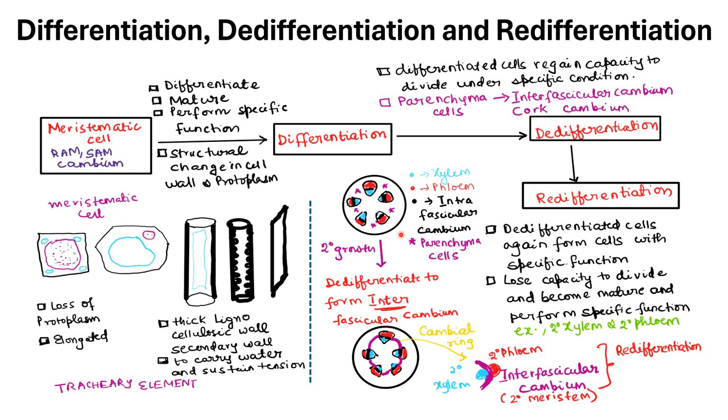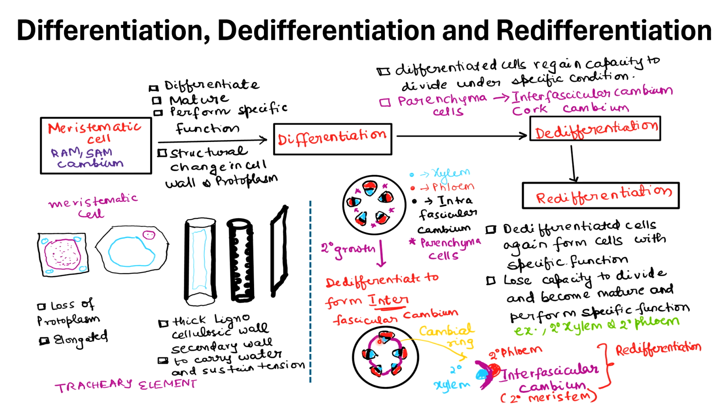These are the differentiated parenchymatous cells. Sometimes, during the secondary growth stage, these parenchymatous cells lose their specificity and tend to become unspecialized, or begin acting like meristematic cells.